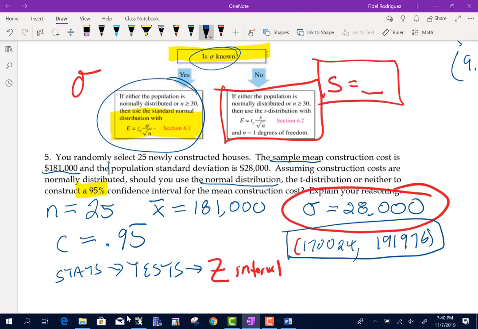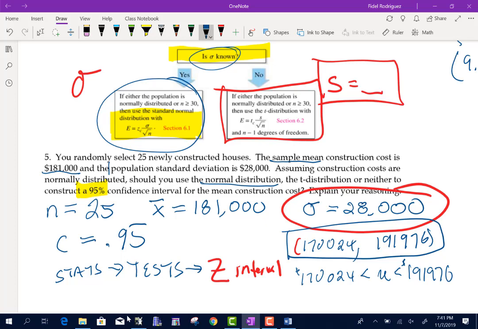Yeah, exactly. This is our population mean, right? So we're finding that our population mean is between 170,024 and 191,976. And remember, this is in what, dollars? So what we're saying here is, look, we took 25 homes, right? And we found the sample mean of those homes, and we knew the population standard deviation, right?